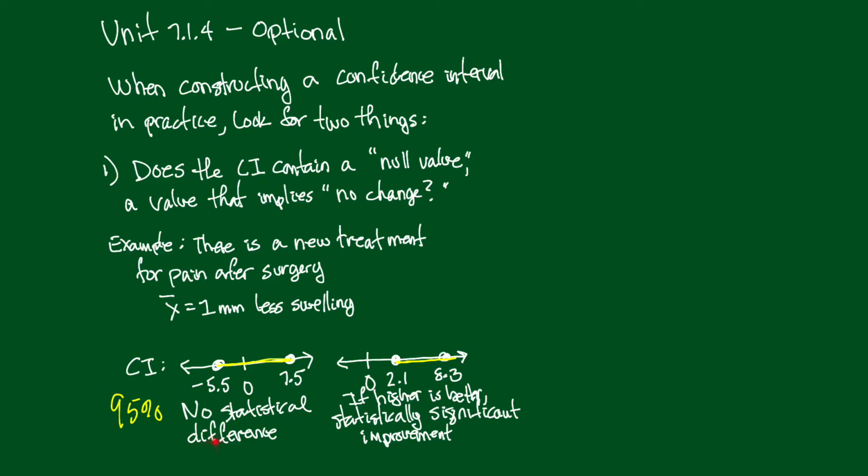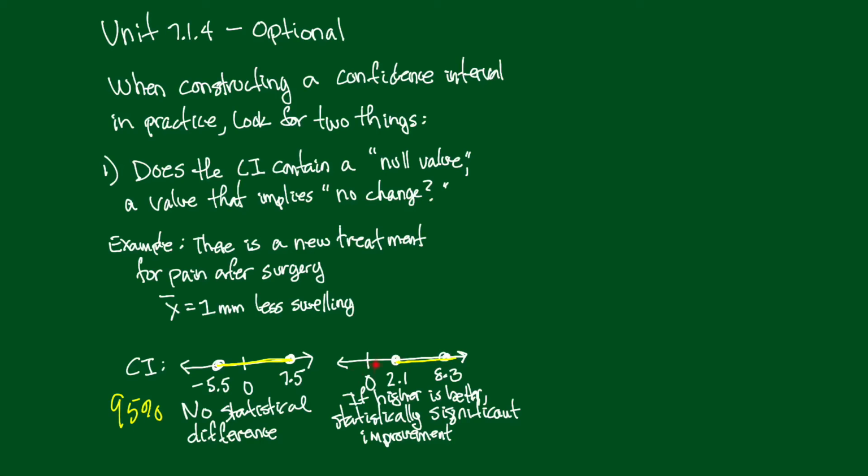So back over here, if zero is included in your interval, then you can conclude that there is no statistical difference between the current method and the new method, right? Zero is a possibility. Any one of these numbers has a 95% chance of happening. And if zero is in there, that means there's no difference between the current and the new.